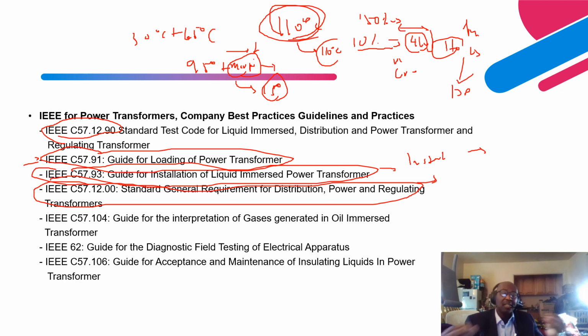You can say that this standard provides how impedance can be selected on a distribution transformer, or power transformer, or regulating transformer based on the MVA or kVA outputs, right? This standard also delineates interpretation of the nameplate of a power transformer or regulating transformer or distribution transformer.